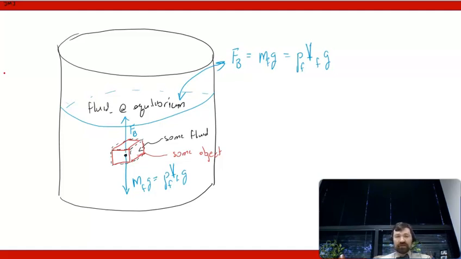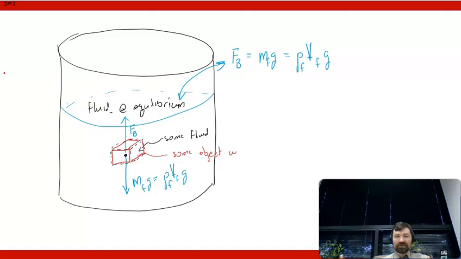Well, the rest of this fluid is at equilibrium, and therefore by removing this much liquid and replacing it with some other object, I can't have affected what the rest of this fluid is doing here. And that means that I continue to have an upward force, a buoyant force, but now that buoyant force is applied to the object rather than to the fluid that I've sort of displaced by that object.